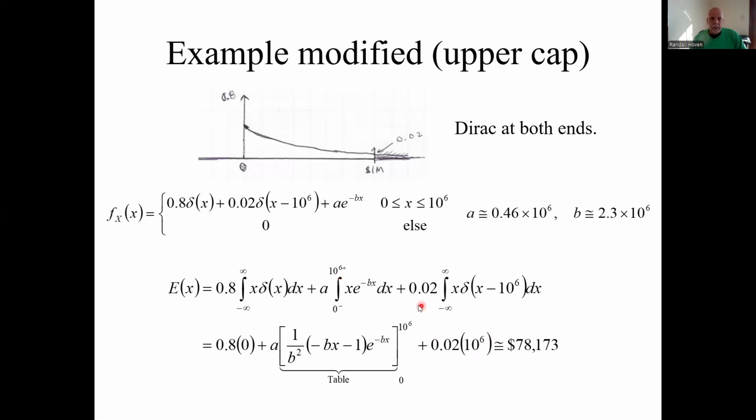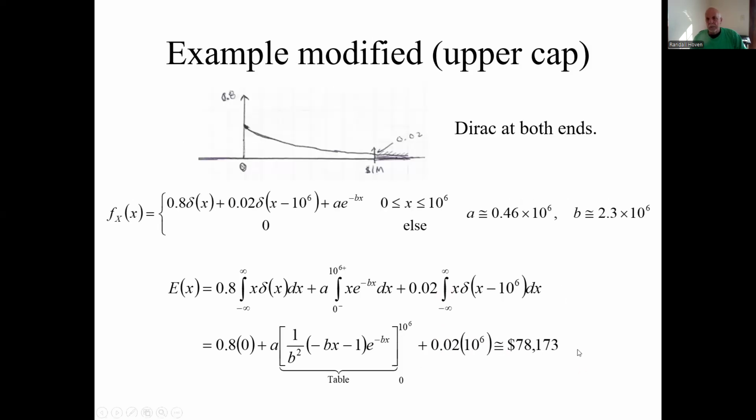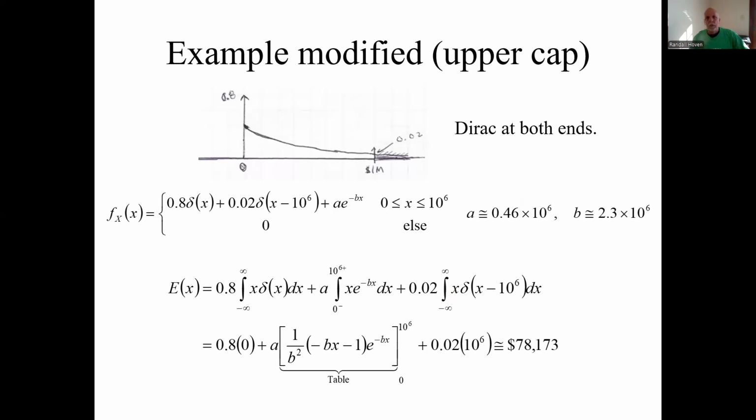And for this mess, I had to use a table. We could evaluate it. Putting that cap took us down to 78,000. What was it before? 87. We went from 87 down to 78. Still a pretty payout. But anyway, that's mixed distributions.